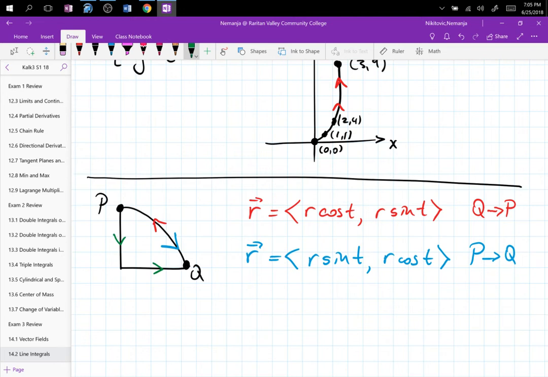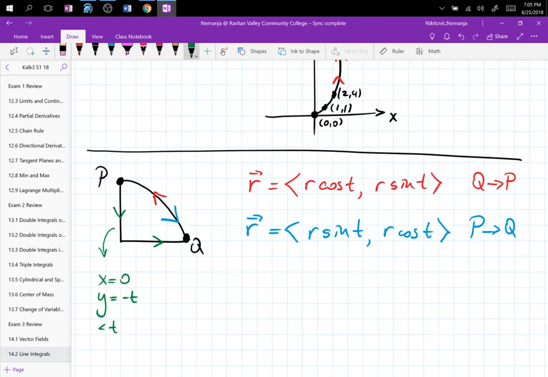Parametrization, right, of the green lines now. So this green line over here is parametrized as x equals 0, y equals negative t, and for these two, t is going from 0 to 1. So let's test this.